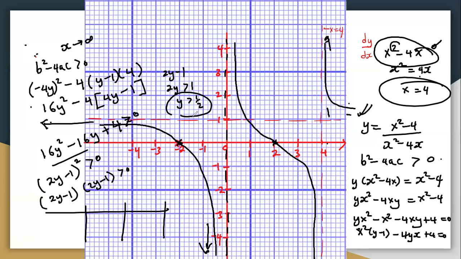Now, when you look at a half here, can you obtain that region? You have only one value of y, which is a half. That means there is no range for such. There is no place where I can put a half.